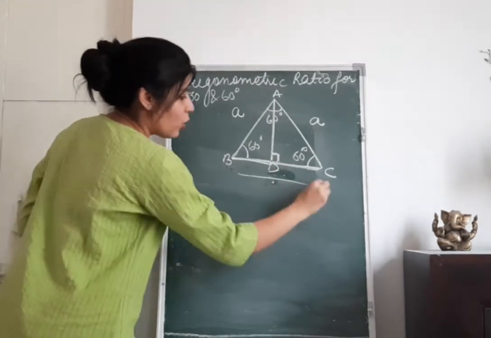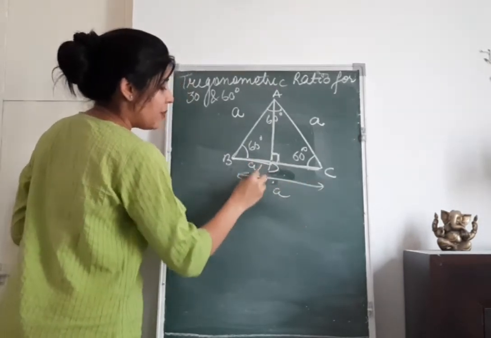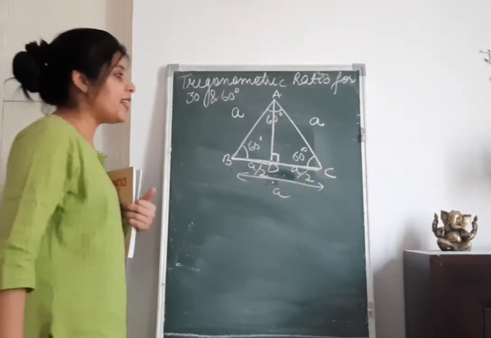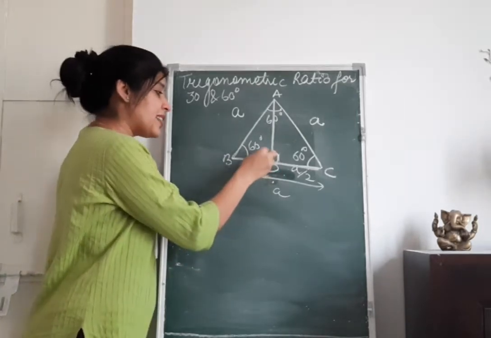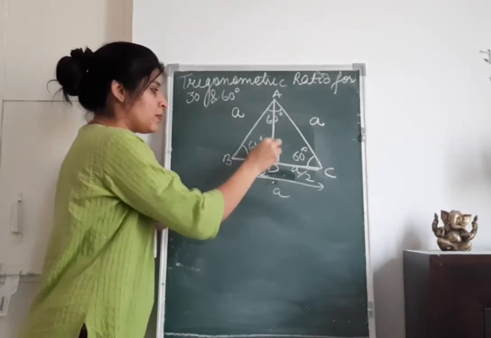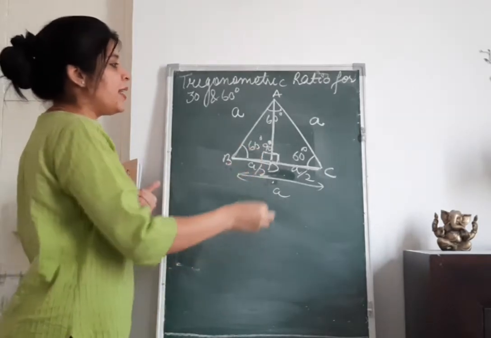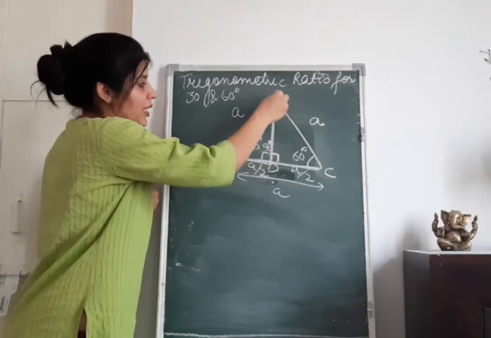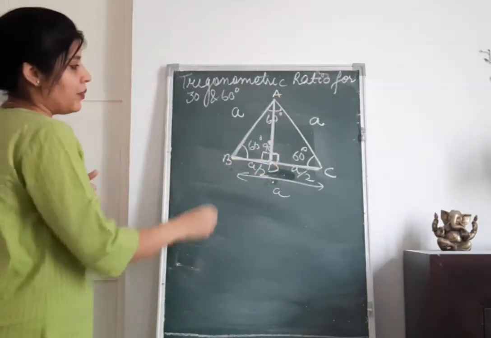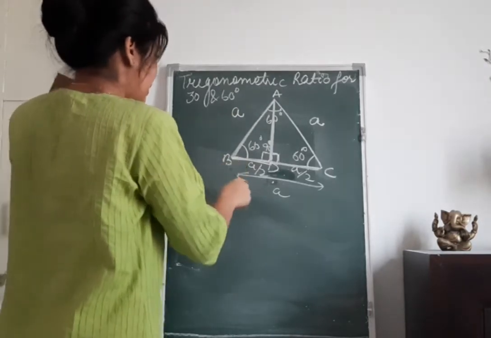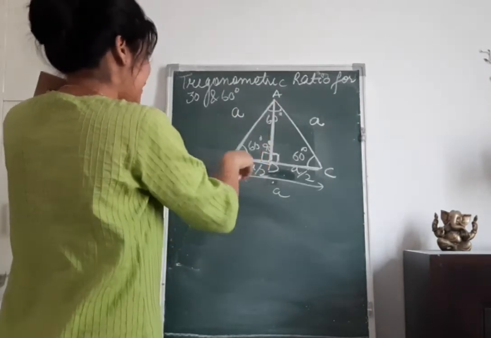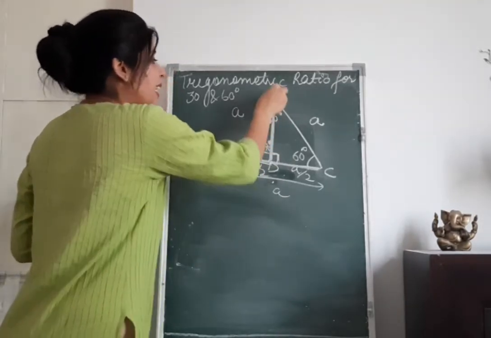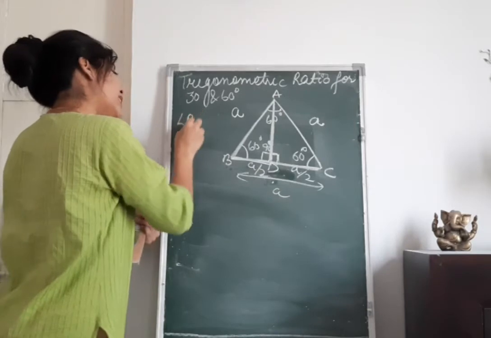Therefore can I say if the whole BC is equals to A units, BD will be A by 2, right? As this is 90 degree, can I say, by only watching this triangle, that is triangle ABD, that this angle BAD is going to be equals to 30 degree?